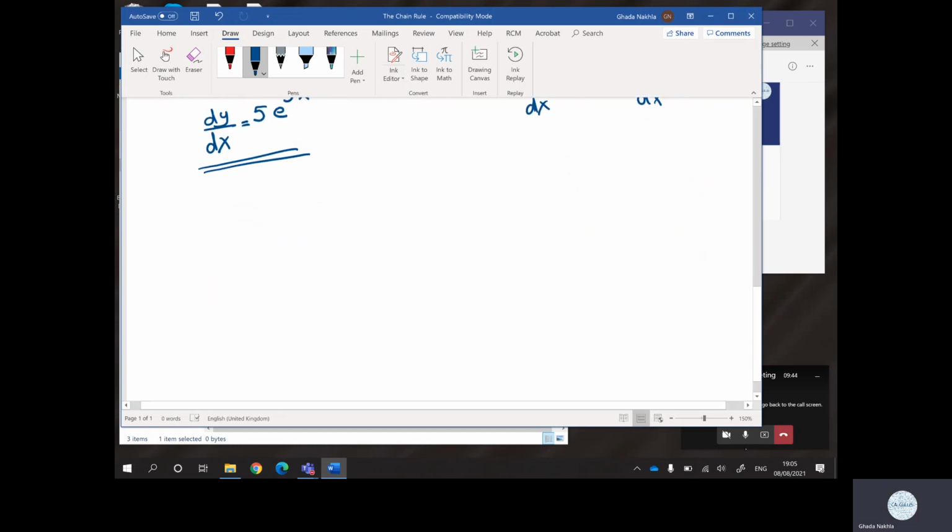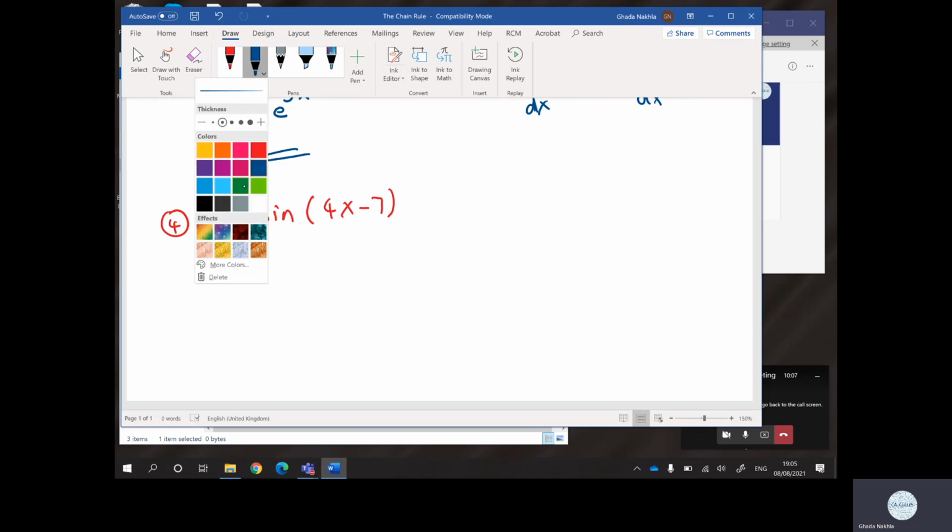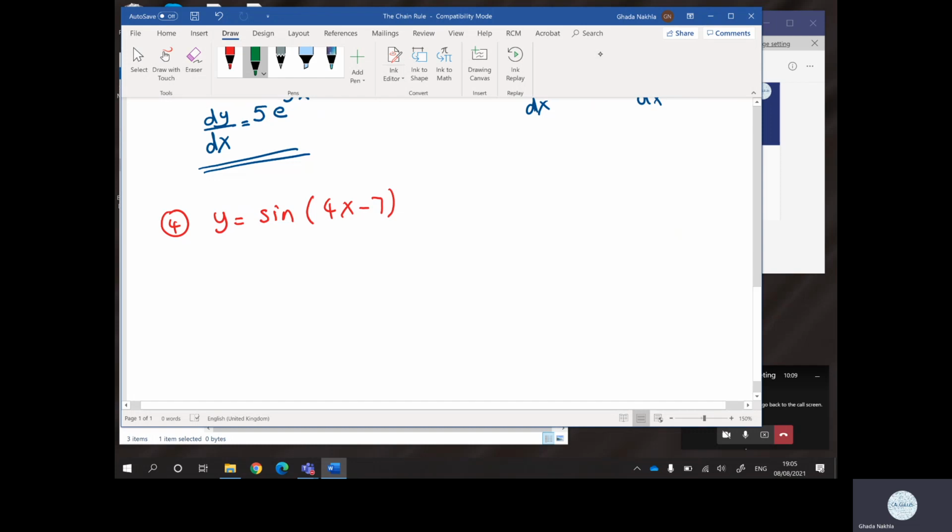Let's take a look at a different question. y equals sine bracket 4x minus 7. In this case, I'm going to use the normal chain rule.